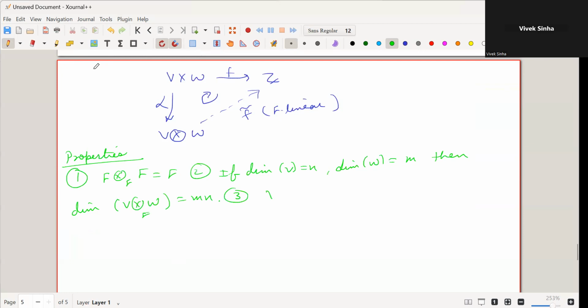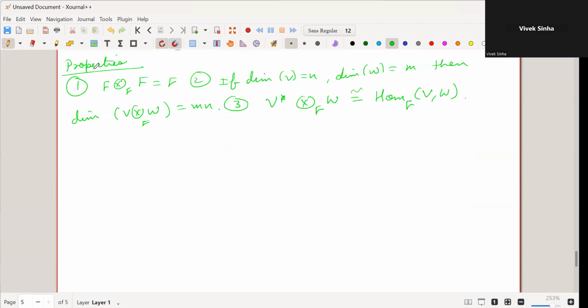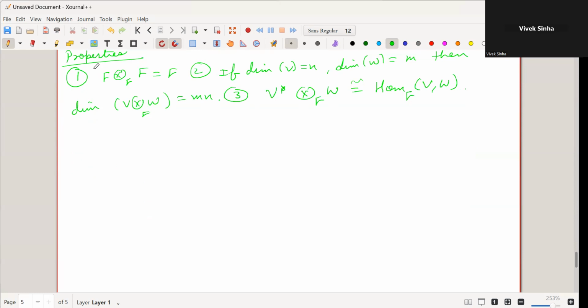V star, that is the vector space of all linear functions from V to F. V star tensor W is isomorphic to the vector space of all linear transformations from V to W. So this should be enough to start the discussion.